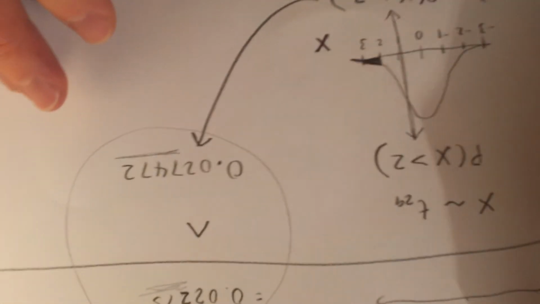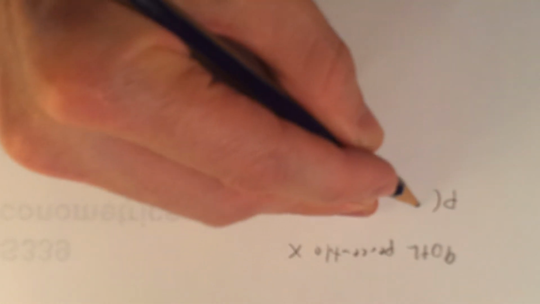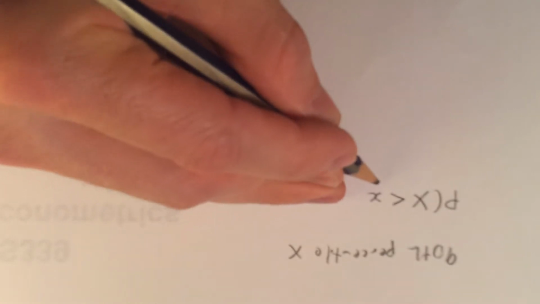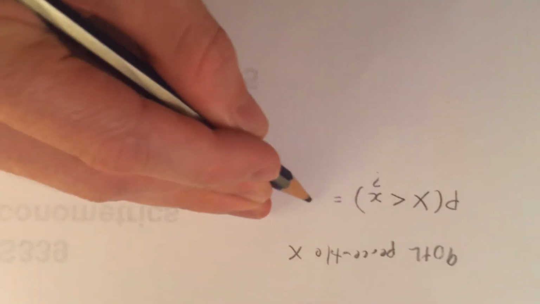The final question says, and this is part 4 of B that I'm talking about, what is the 90th percentile for x? This is equivalent to saying the probability of x being less than some value that we don't know is equal to 0.9.